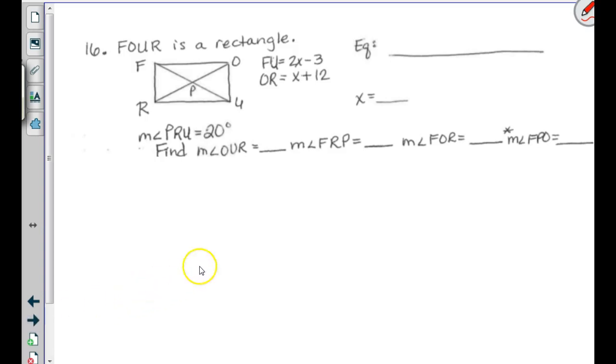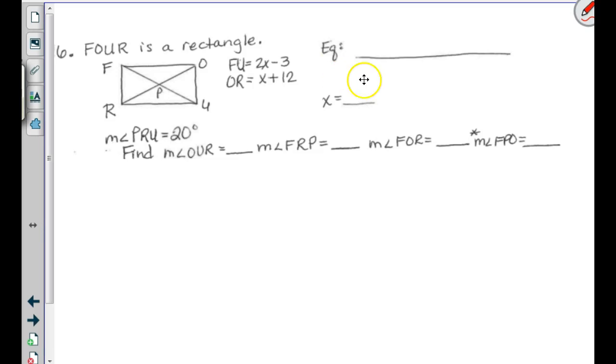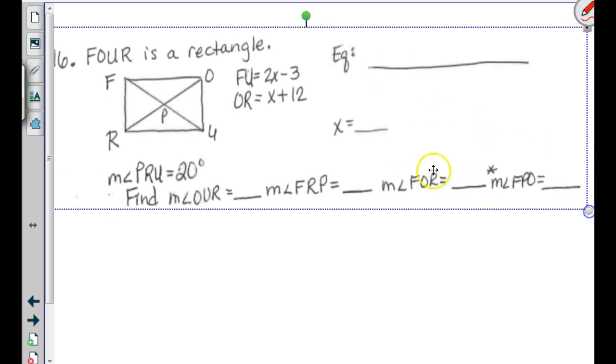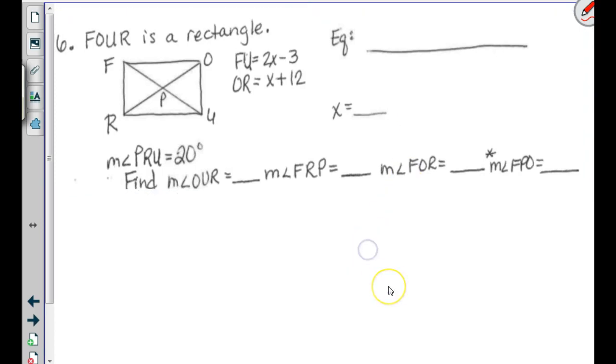All right, this one has a lot of stuff written on here. And it's kind of like this on the quiz, so you got to be careful, okay? It says this is a rectangle. The first thing it gives you to find x is something about FU and OR, and they are diagonals, so the diagonals are equal.